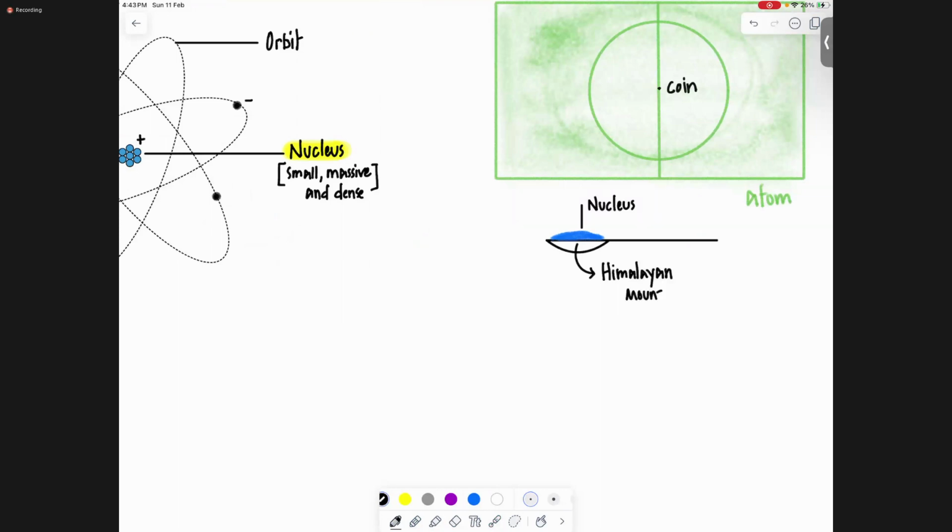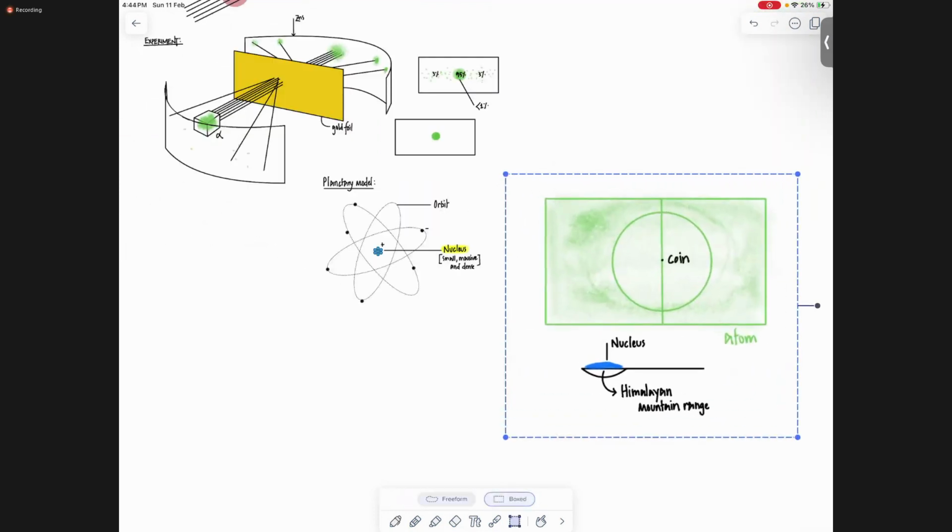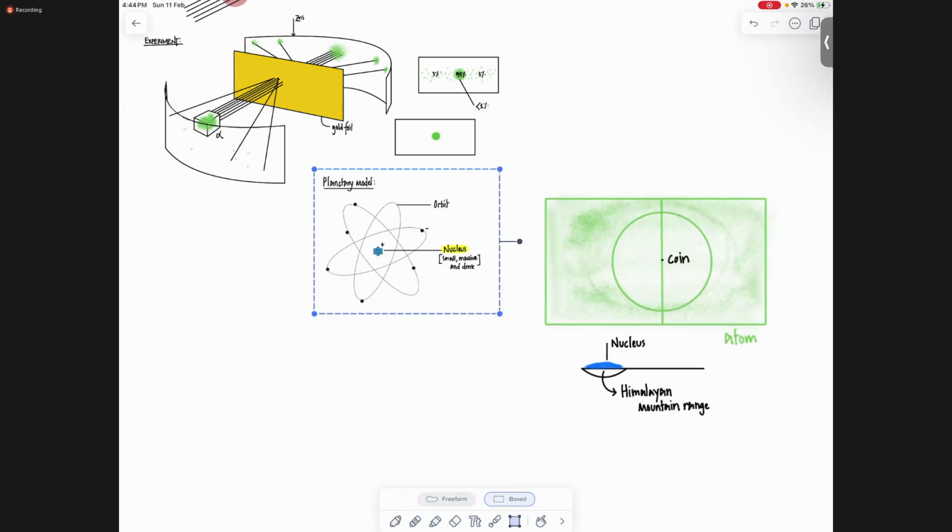So all the mountains in the Himalayas, whatever weight they have, a teaspoon of nucleus will actually have the same weight. To give you an easier reference, heavier than Bangladesh. Just imagine this teaspoon is heavier than Bangladesh, because it's so dense. That's the thing. The nucleus is extremely dense, the most dense material in the universe.